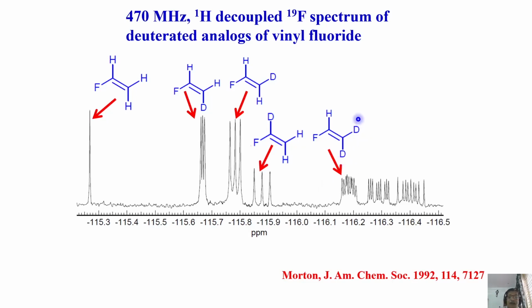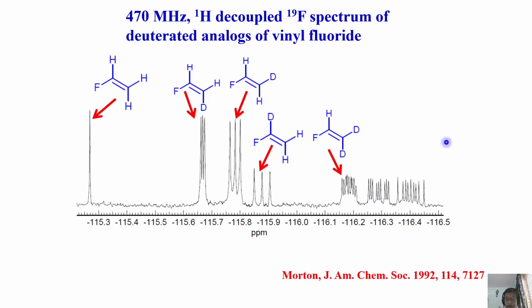First, one of them will split into a three-line pattern of equal intensity. The second deuterium splits each line of this three-line pattern into three lines of equal intensity. You understand? Because of spin 1, deuterium gives rise to three peaks, and each line of these three lines is further split into three lines because of coupling with the other deuterium. So you are seeing a 9-line pattern here.